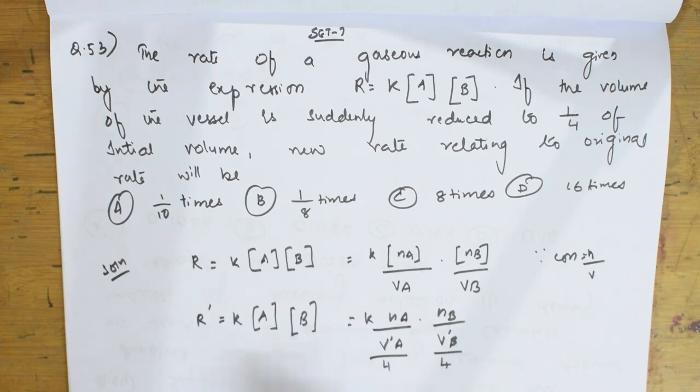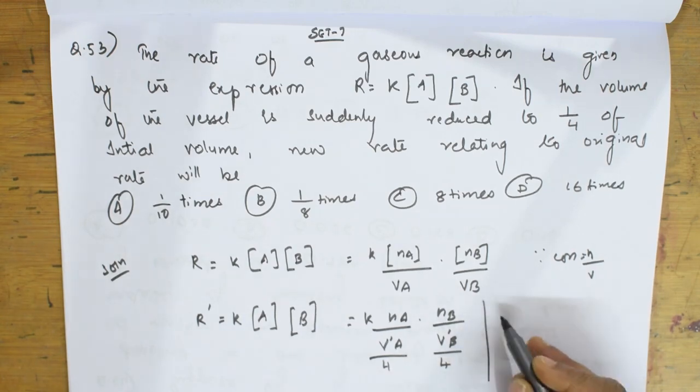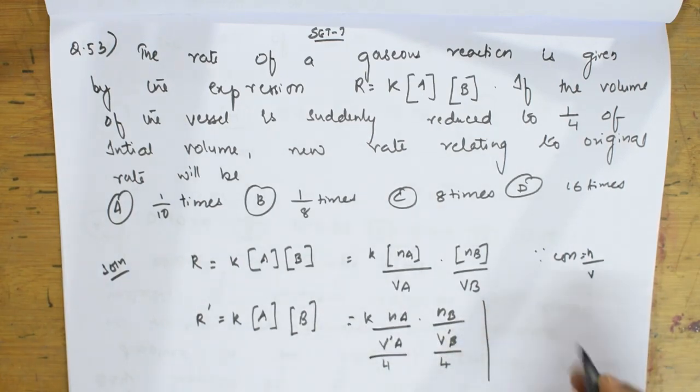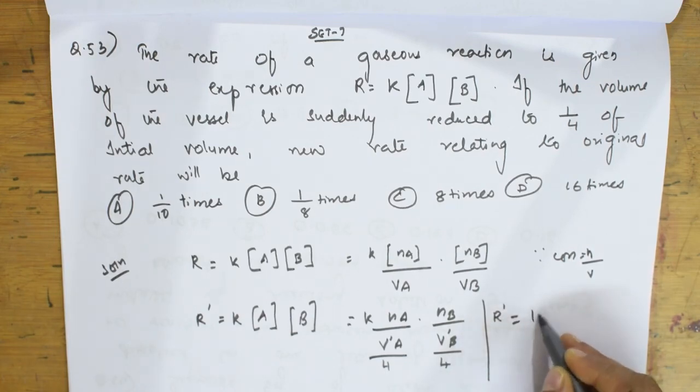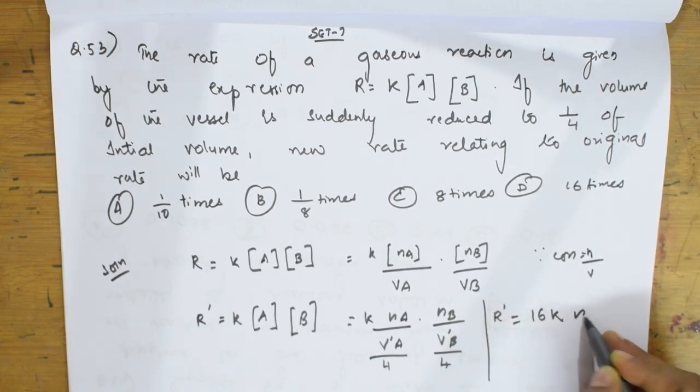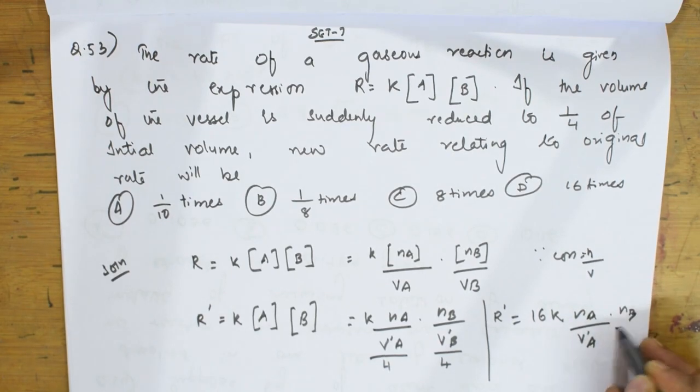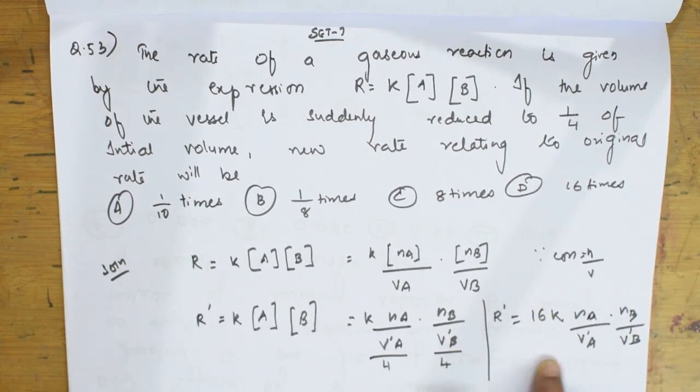Now let's further solve this question. This becomes 4 times 4, that is 16, so I'm taking the 16 to this side. So R dash is equal to 16K times Na by V dash A into NB by V dash B. What is this whole quantity?